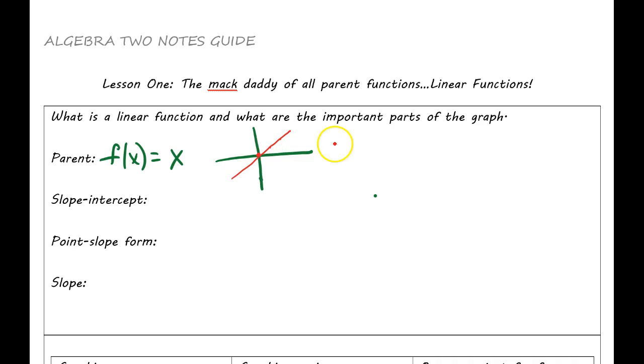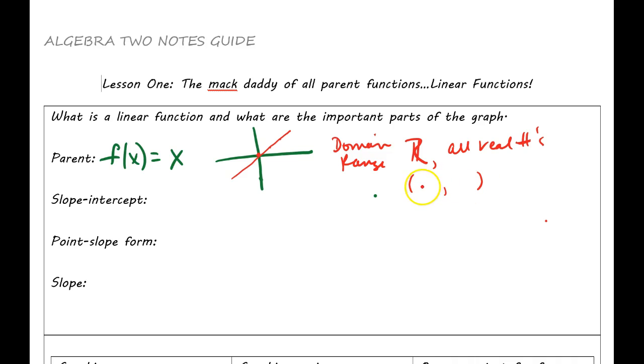This parent function has a domain and range of all real numbers. And I write all real numbers as a super capital R. You could actually write all real numbers, or you may have a teacher this year that starts talking to you about something called interval notation. Interval notation just means that you use parentheses, and it looks like a coordinate, but it's definitely not a coordinate.